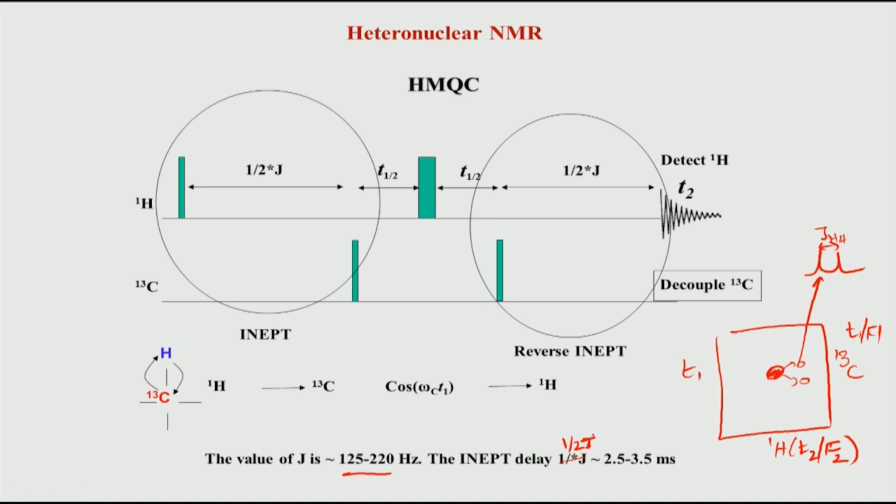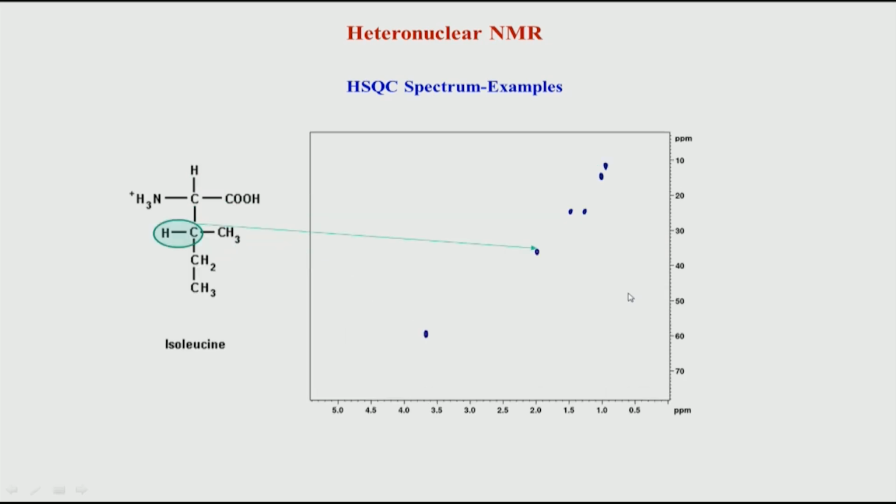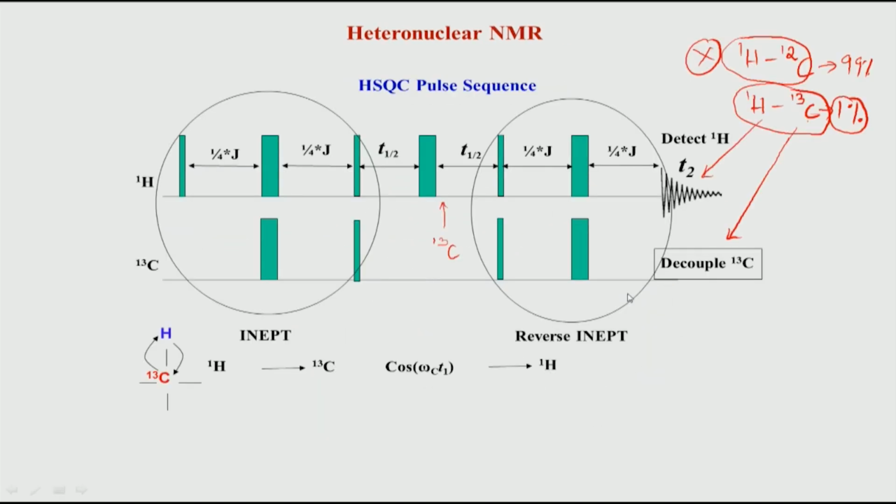And why does it not happen in the HSQC? Let us go back to HSQC. In HSQC, you can see there is no splitting. The reason is that during this portion of the time, because of this 90-degree pulse, the proton goes to the z axis. Okay.